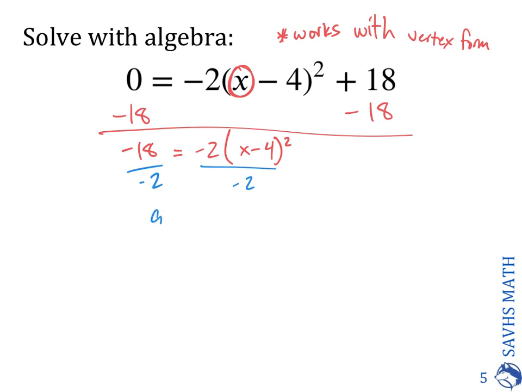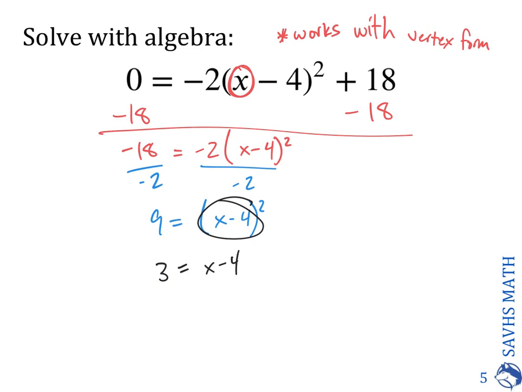So we're going to end up with 9 equals x minus 4 squared. Now you might be like, okay, so if something squared equals 9, then this stuff over here has to be 3. But that's not exactly true because there's another solution.